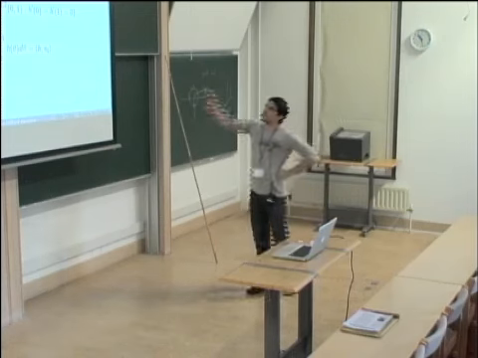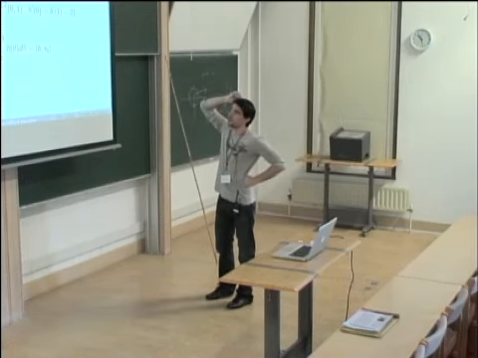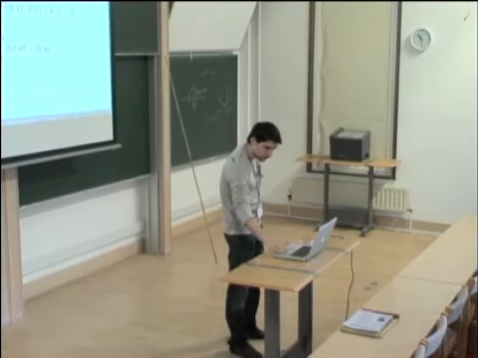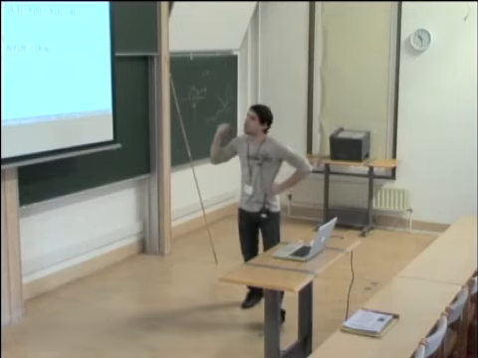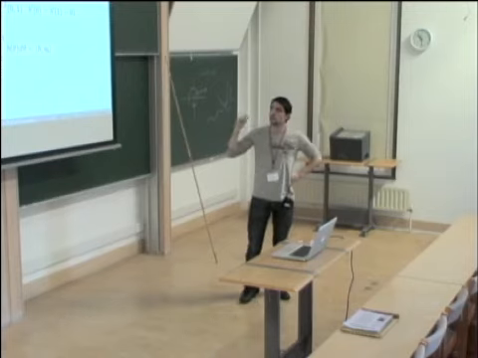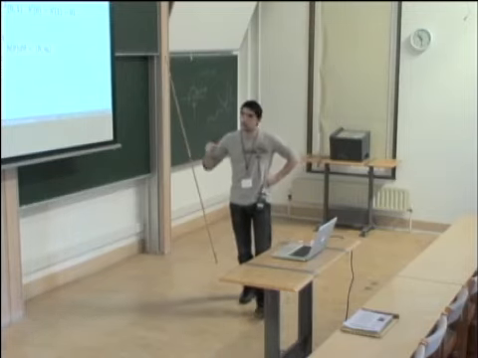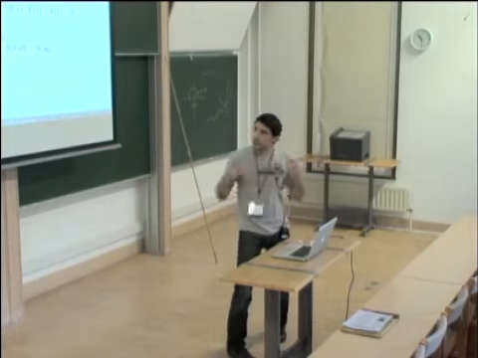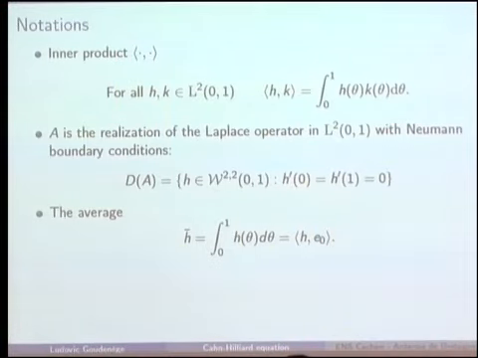I have some notation for the inner product in this L2 space and for the average of the solution. You have to remember that the average is very important because the Cahn-Hilliard equation should conserve the average of the solution. So we have to take care about this average conservation.